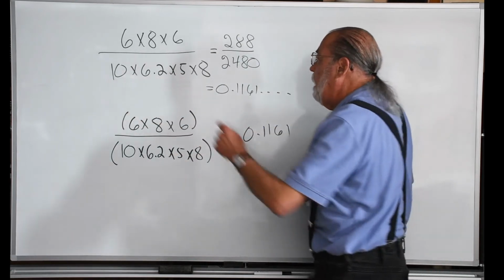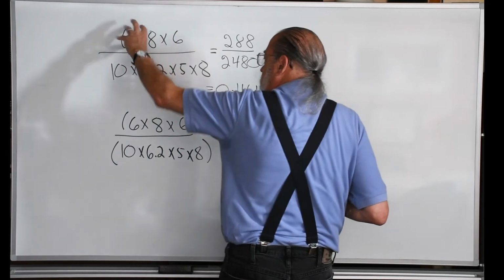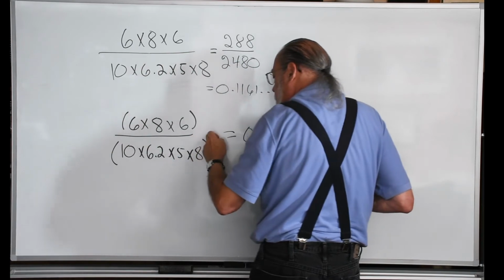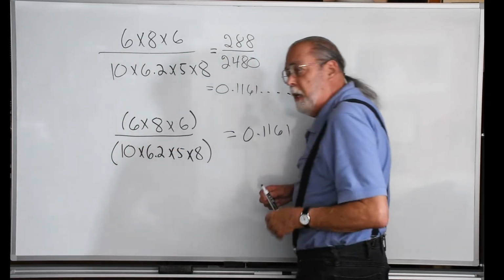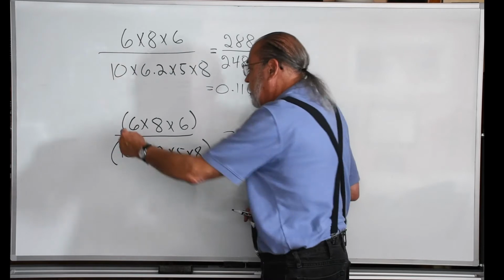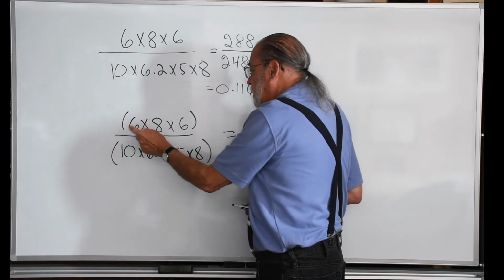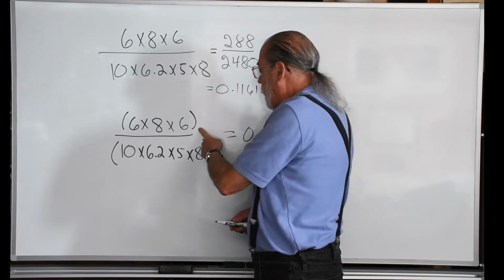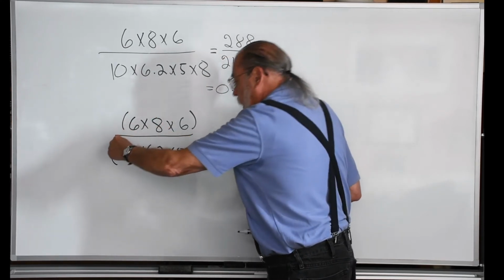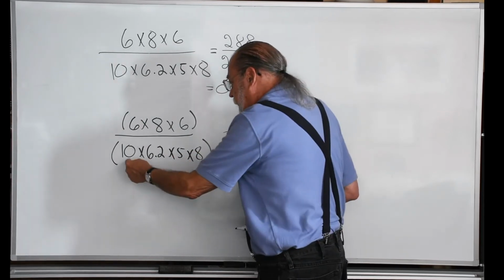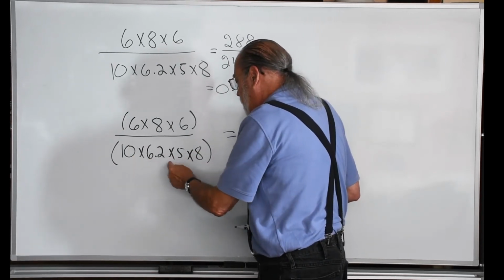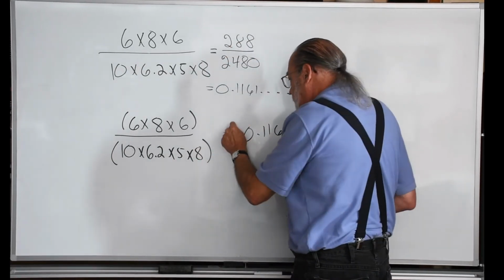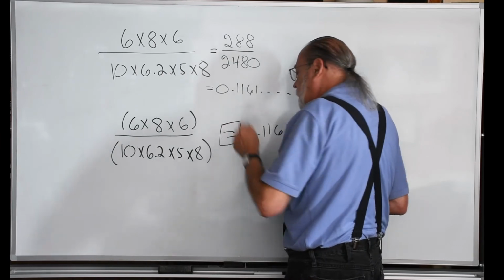Once again, when you have several numbers on the top multiplying and several numbers on the bottom, put parentheses around the numerator and the denominator, and then the keying sequence is left parenthesis, 6 times 8 times 6, close parenthesis, hit the divide key, enter the next parenthesis, 10 times 6.2 times 5 times 8, close parenthesis, and then don't forget to hit the equals key.